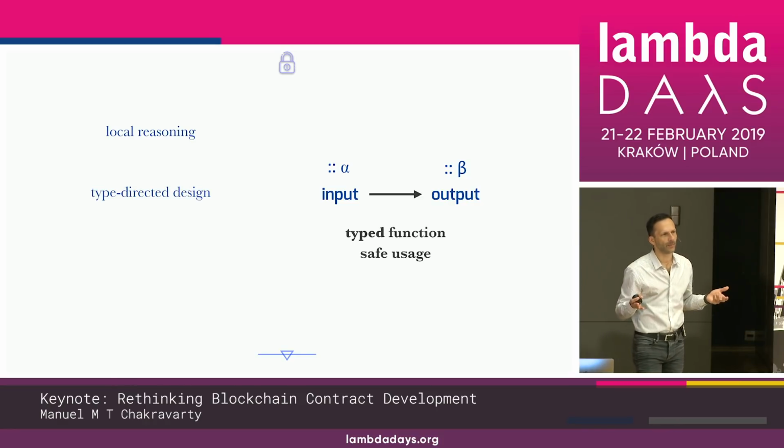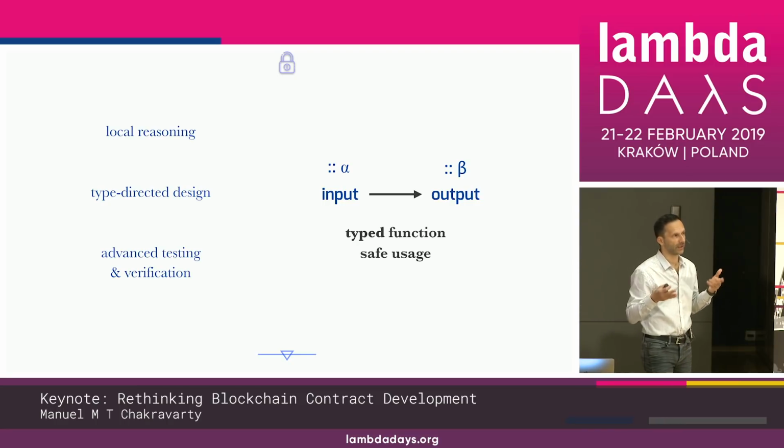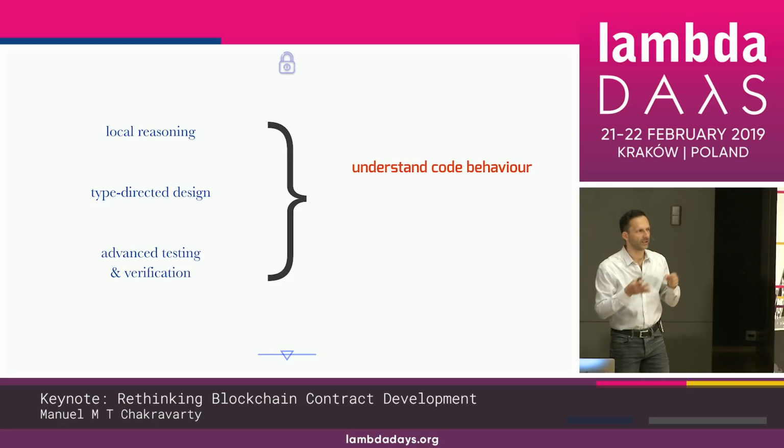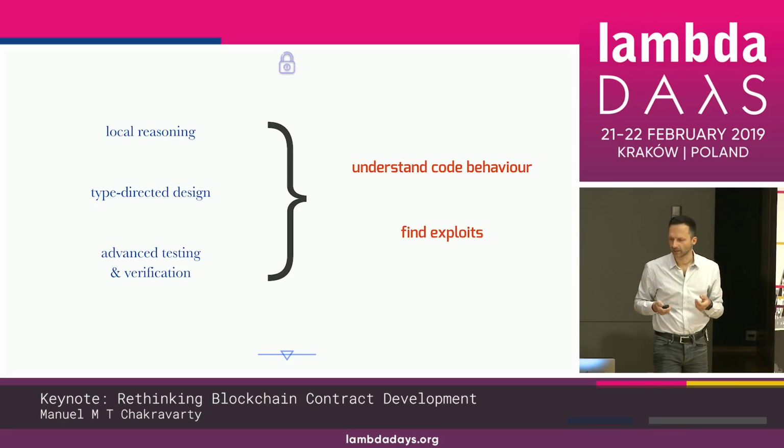It's easier to reason about. Types give us additional information about what we can use our code for, and it allows the use of formal or semi-formal development methodologies. And that's in this domain just very important so that we know exactly what this validation code is doing and that we can find any exploits in it.